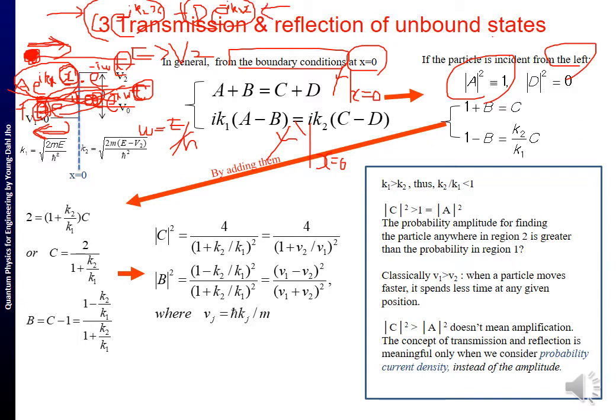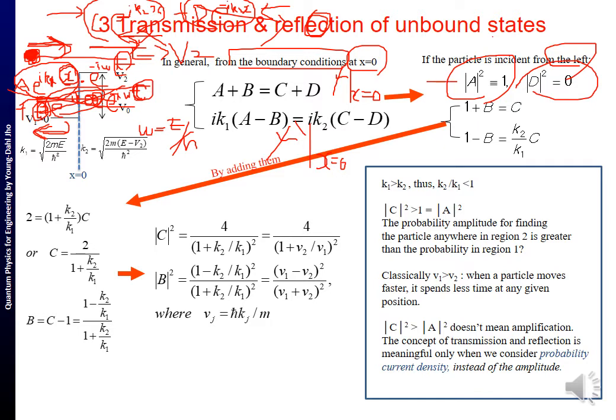When the particle is incident from the left, there will be this transmission propagating to the right, but there will be no reflection at all in region 2. So we will ignore D, so D will be set to be 0. That's why A is 1, D is now 0.